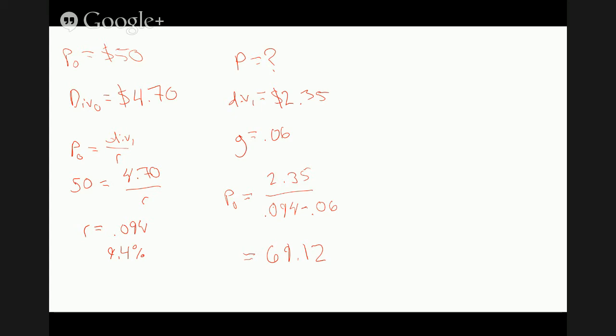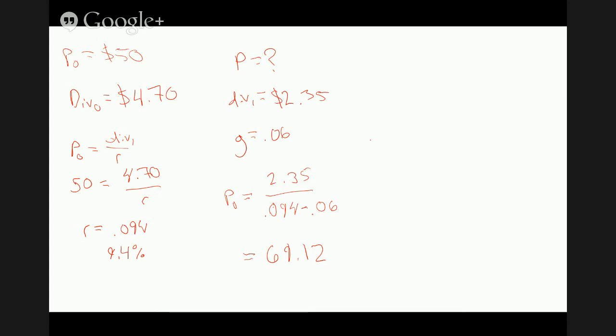They have very generously given us a multiple choice answer, and our choices are: price will increase by $19.12 per share, price will decrease by $19.12 per share, price will remain unchanged, or there's insufficient information to determine the price change.